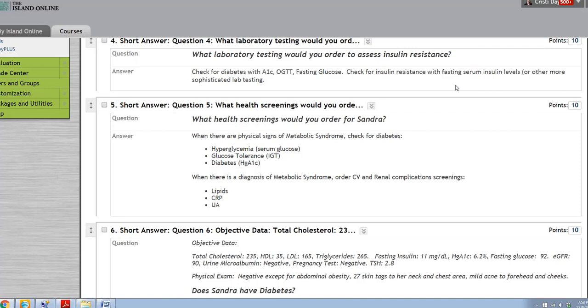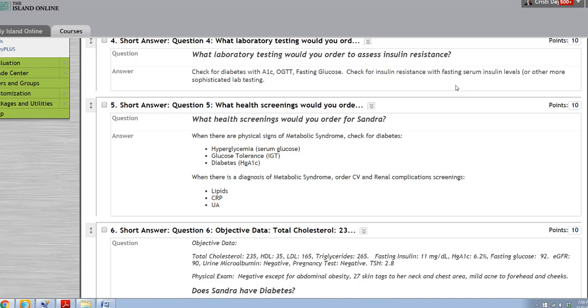Insulin resistance: insulin takes the sugar out of the bloodstream and into the cells. The insulin is the bridge. When the bridge isn't quite connecting, there's resistance, so your pancreas spits out a lot more insulin to shove the sugar into the cells.